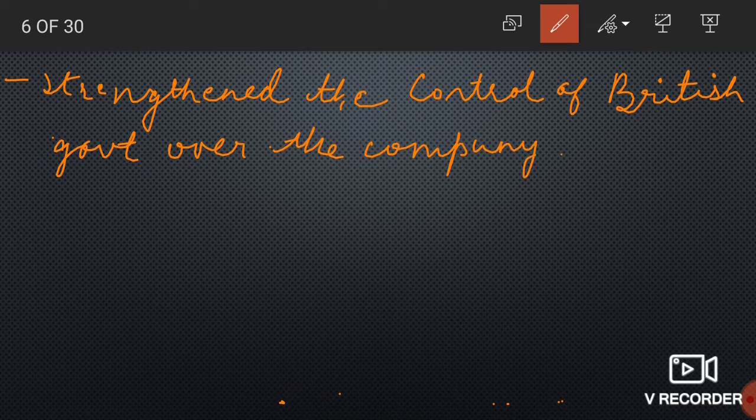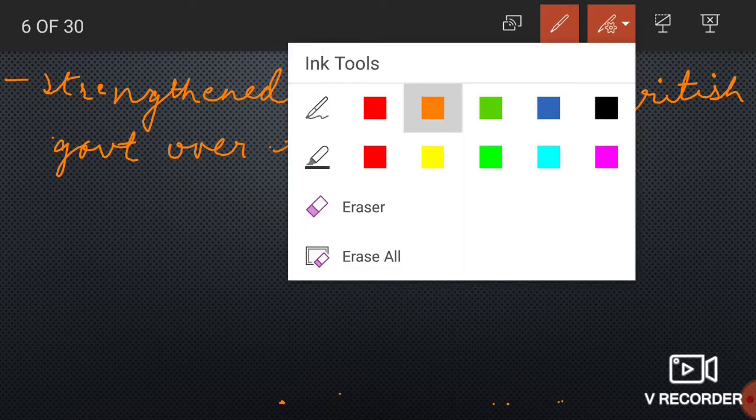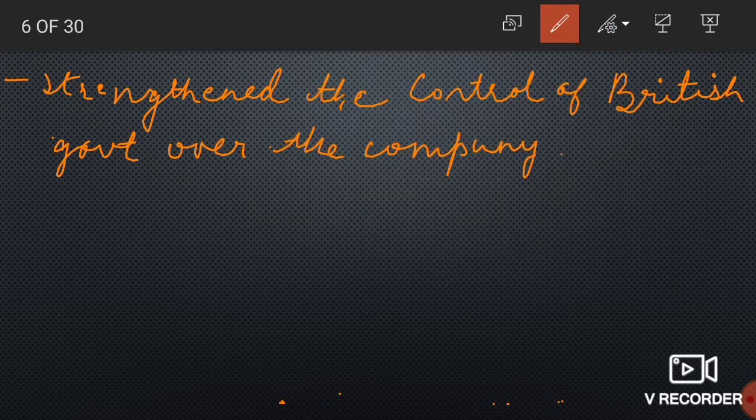This was one of the other features of the act, but there were some mistakes in this act. To rectify those mistakes, they came up with another act in 1781 that was known as the Amending Act of 1781.